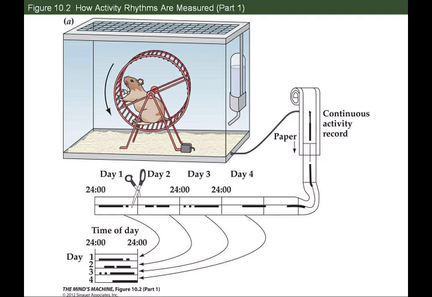The absence of the black line would mean that the animal was sleeping. So with this type of paradigm, it would tell me how long the animal slept, whether it was sleeping during nighttime or daytime, whether it was affected by some sort of lesion in a particular area of the brain, or whether it was affected by the presence or absence of a stimulus in the environment.